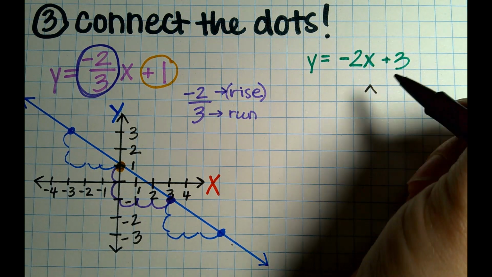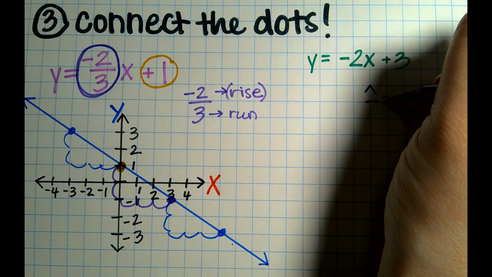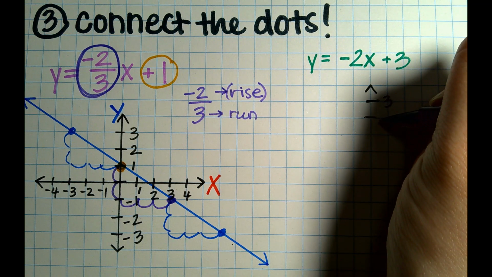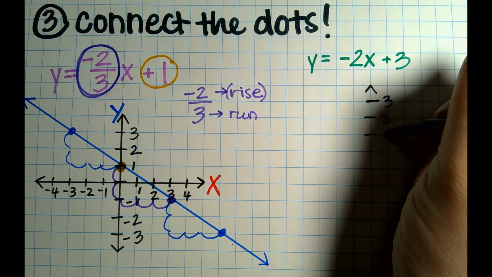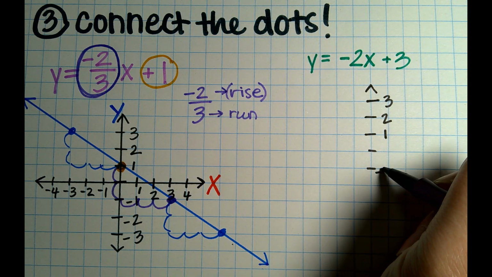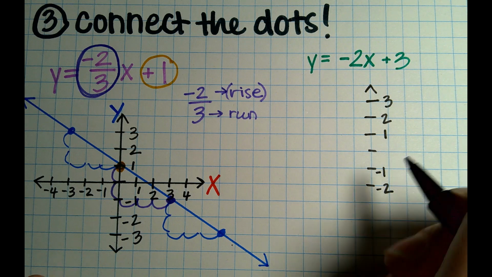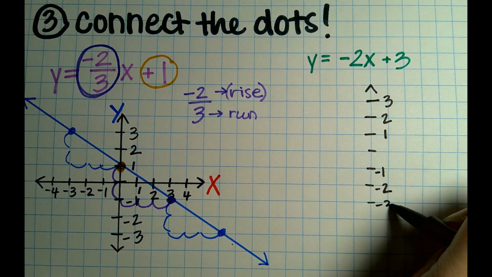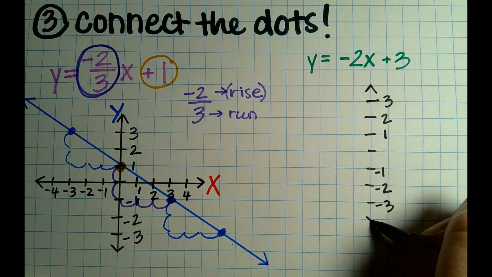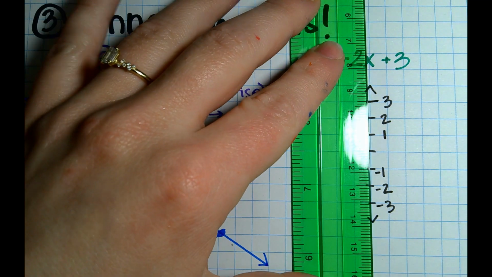So I'll make my highest point 3, 2, 1, 0, negative 1, negative 2, negative 3, and connecting my dots.